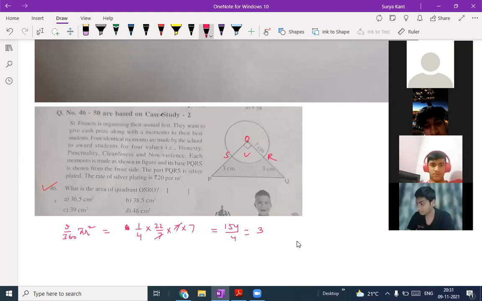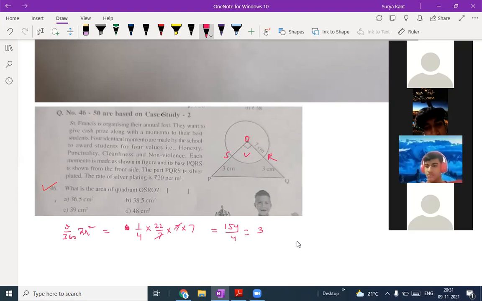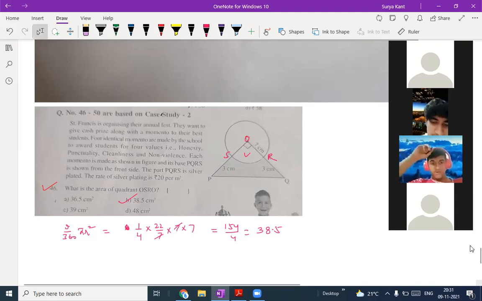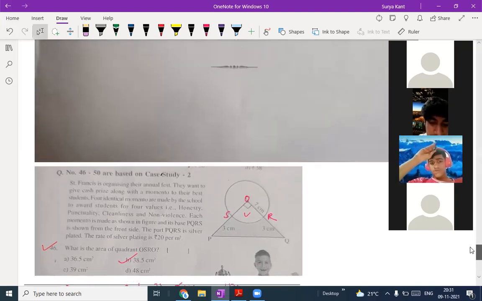The 4 3s are 12, again 2. 38.5, right? Javian, 38.5, correct? So this was a very easy question.